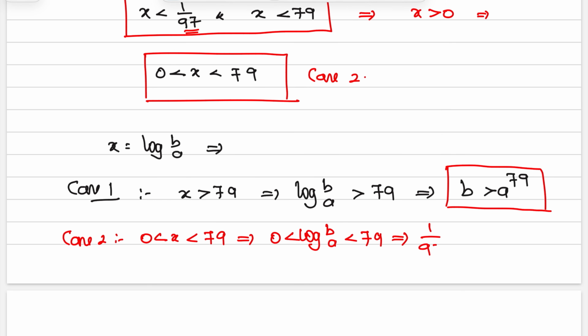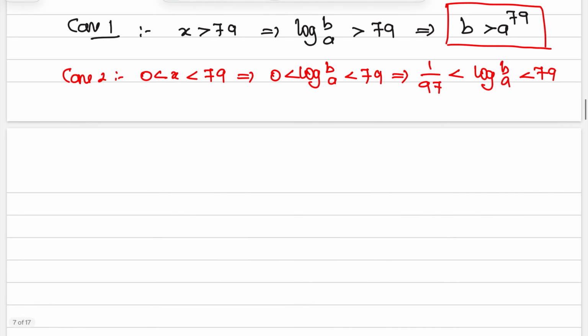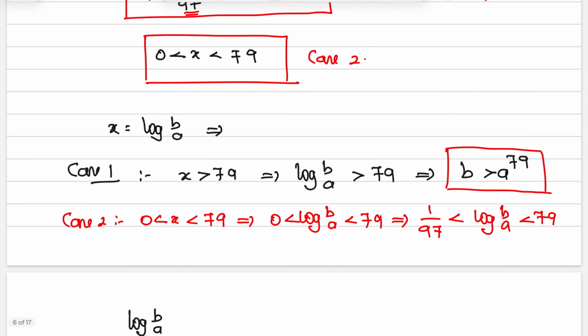This will be 1 by 97 less than log b to the base a less than 79. This is the equation. For minimum value, log b to the base a, x is less than, sorry, not here, we have to put, here it is 0 only.